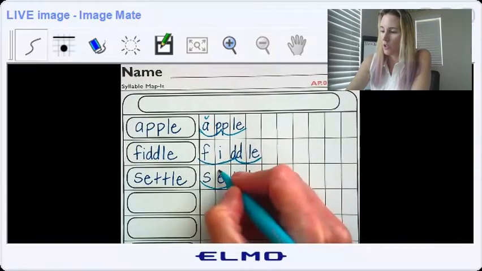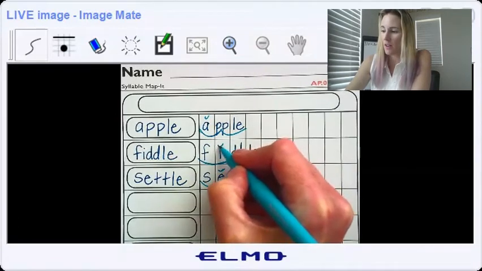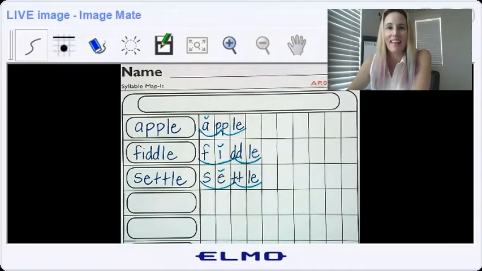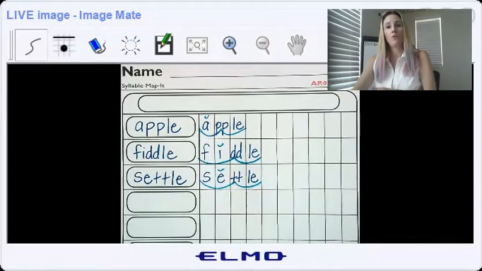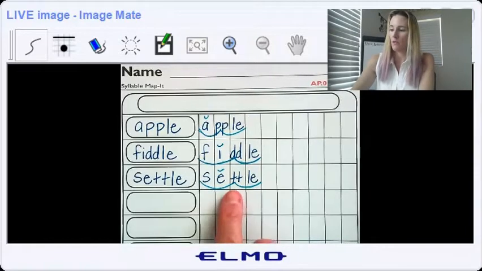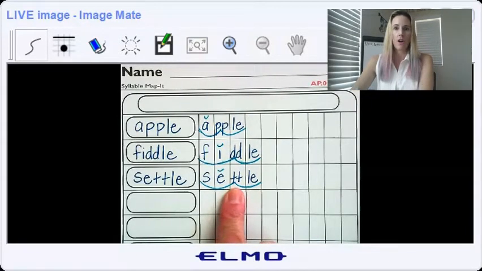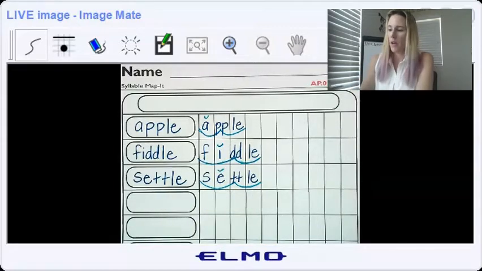Now notice this is also a short E. This was a short I. Fid, set, app. So far, those all have short vowels, and you notice that after that short vowel, we doubled our consonant. We have a couple more that have this similar pattern.